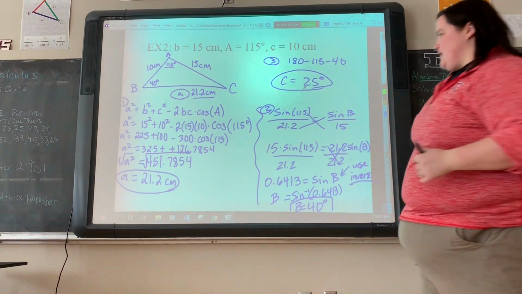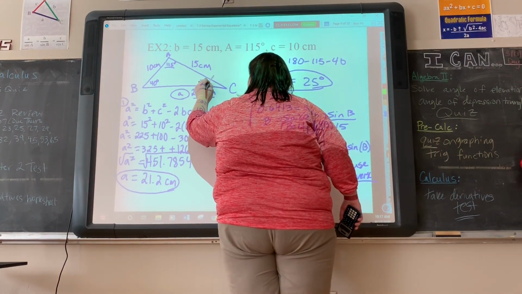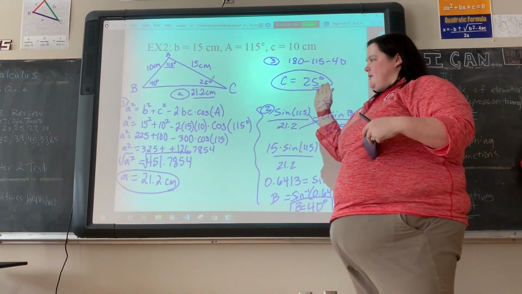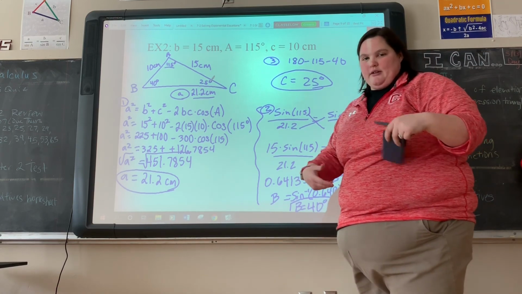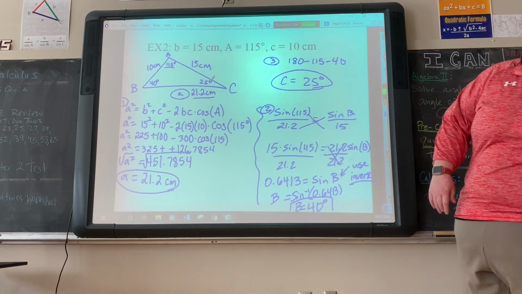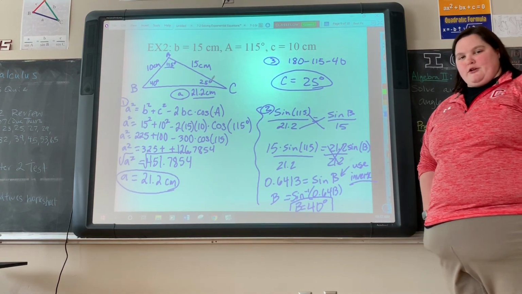And it all should make sense because all sides kind of are similar to angles. So the biggest side should have the biggest angle. The next biggest side should have the next biggest angle. The smallest side should have the smallest angle. So you have a little bit of time to work on that or look at that.